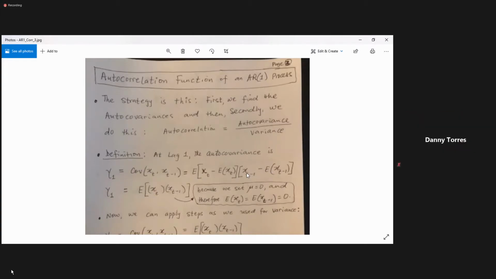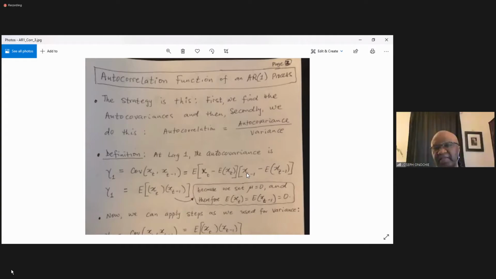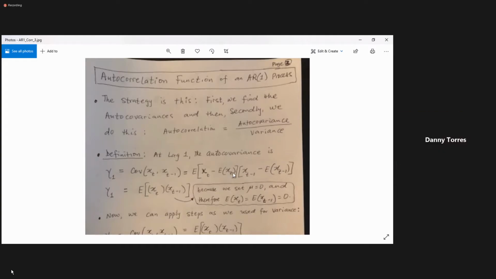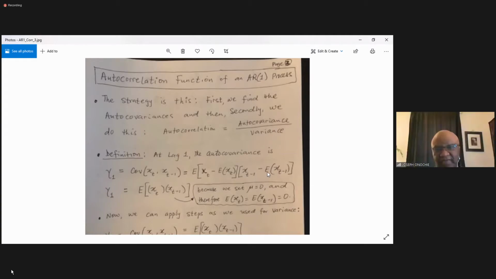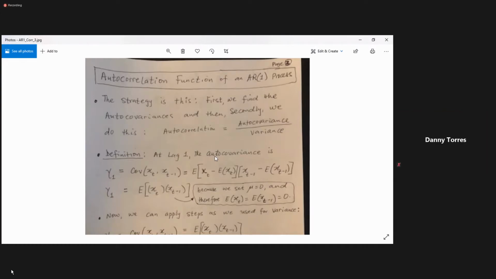It's just that instead of y minus the average of y, you're putting the lag 1 term. That's what makes it autocovariance, because this is about the same Microsoft at different time periods, today and yesterday. Is that correct? Yes, sir. Okay, good.